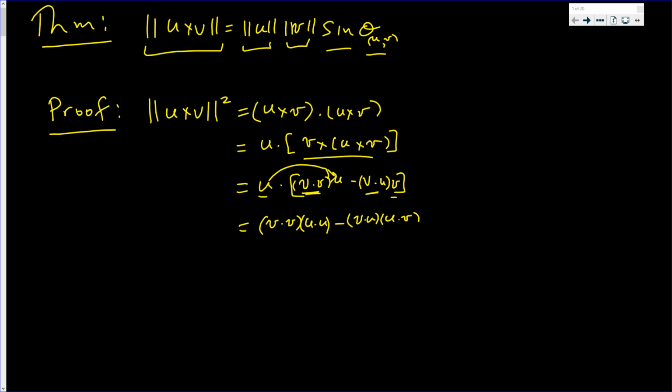So now, what do we have from here? Well, this here is just the length of u squared times that there. Remember, multiplication commutes. Well, that's the length of v squared minus v dot u times u dot v, v squared.